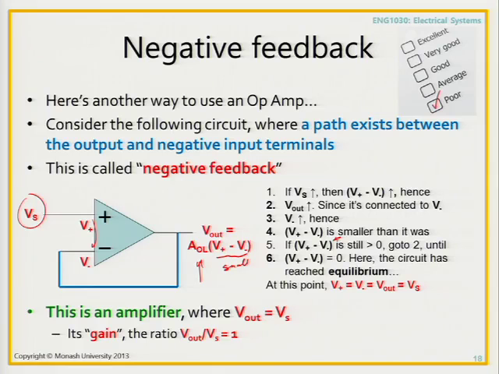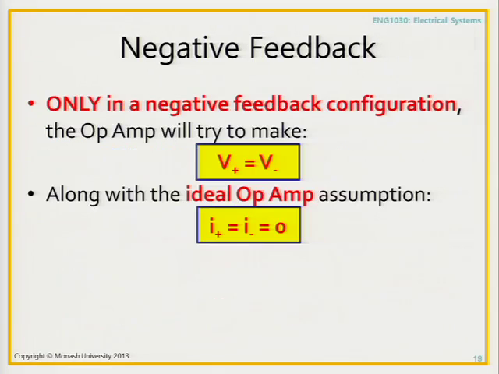So in the ideal case, and because we only care about the ideal case for all of our calculations, we can assume that this is true. In reality, it's not quite true, but in the ideal case for our purposes, this condition holds. And along with what we saw before with this ideal op amp assumption, so for our ideal op amp, we had V plus and V minus going into our op amp, V out.